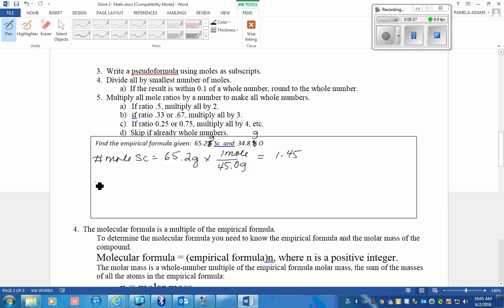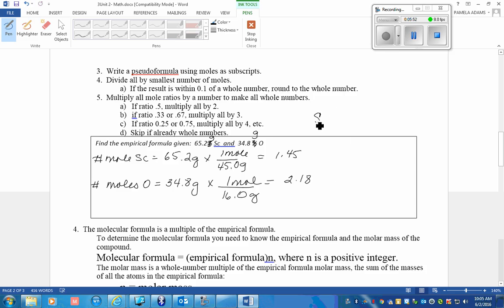The number of moles of oxygen in 34.8 grams is equal to 2.18 moles. I need a ratio that is whole numbers.